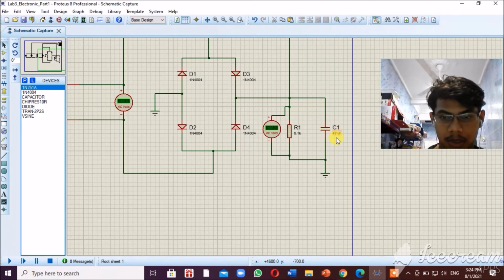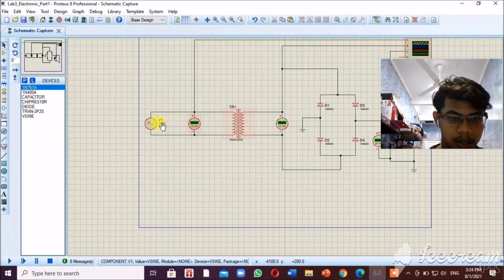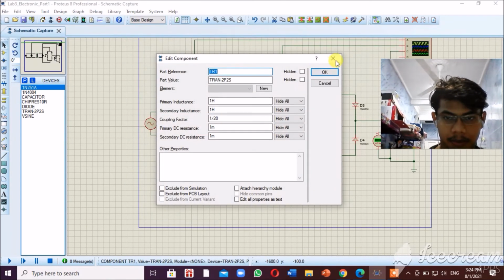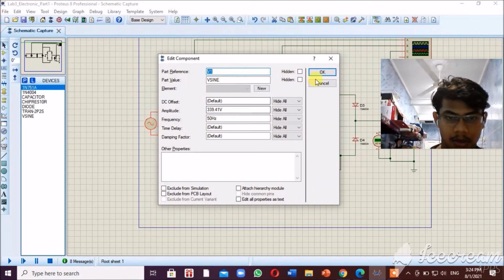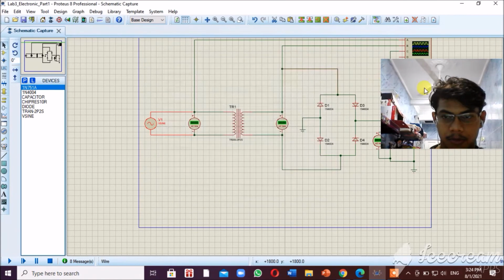In practice, I replace the 470 microfarad with 47 microfarad, and the ratio is still the same, 1/20, and the amplitude voltage is the same as the previous one.